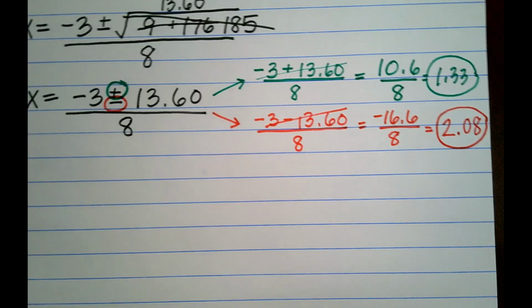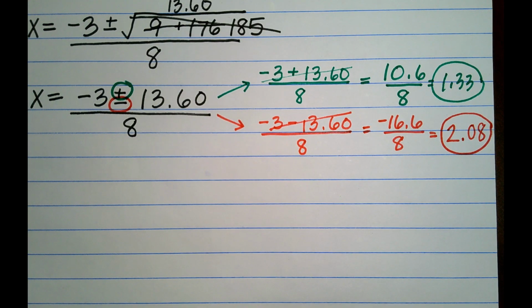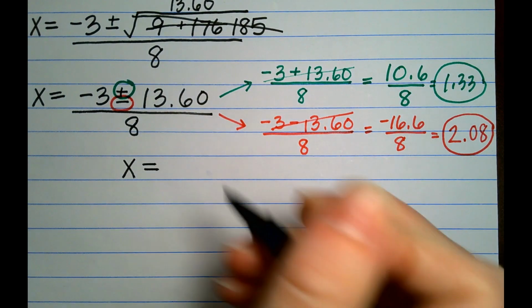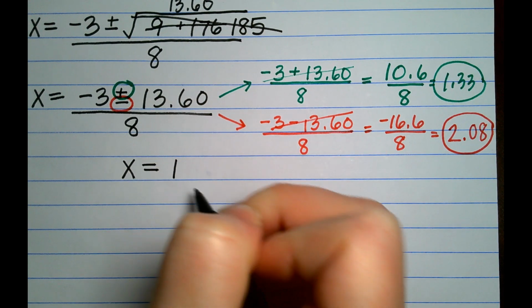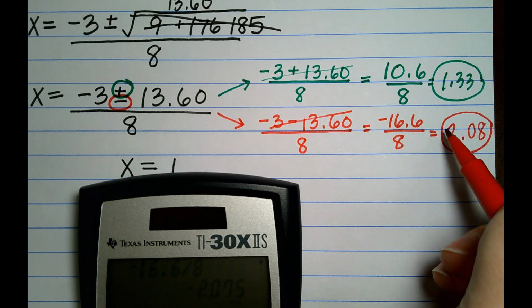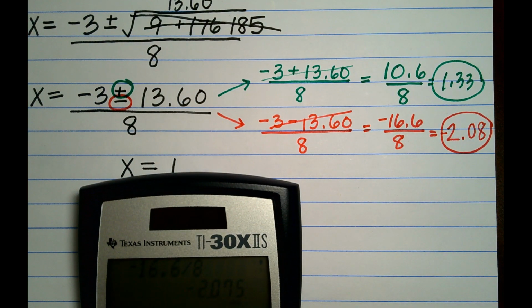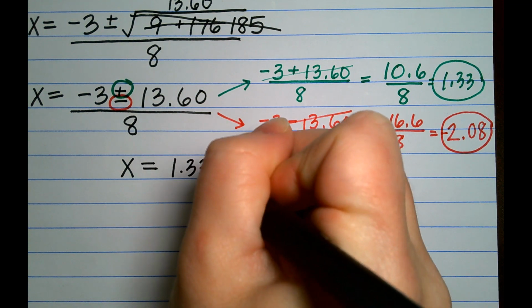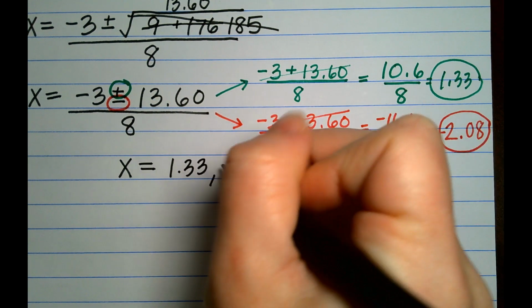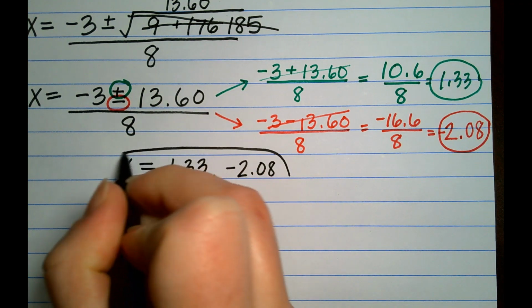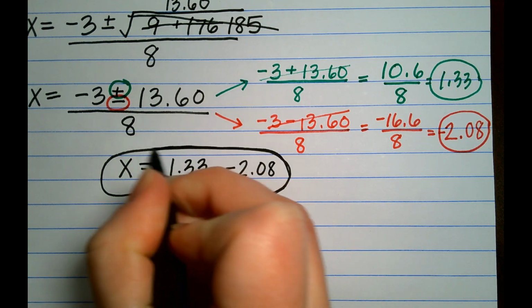And there is our first solved problem. Our values of x, we would write them together now as x equals 1 point, oh, I forgot to write my negative. Okay, x equals 1.33, comma, -2.08. And that would be our answer.